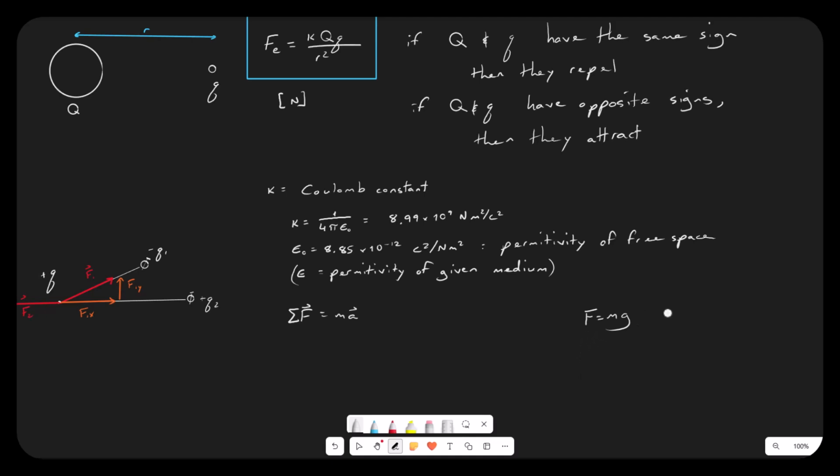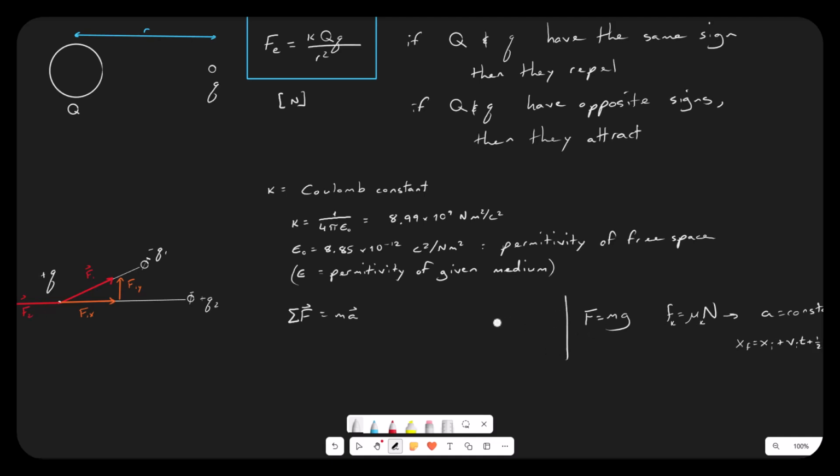Or when we did frictional forces, like a kinetic friction, mu k times n, that was a constant force, and for those we were able to say the acceleration is constant, and then use our kinematic equations, right? We could say x final is x initial plus v initial t plus half a t squared.